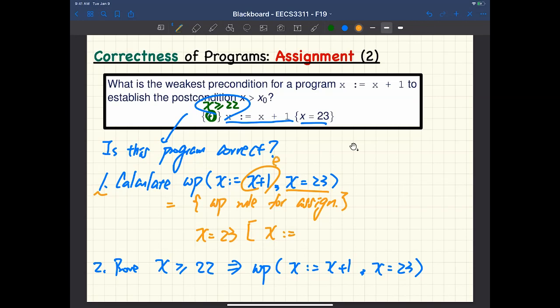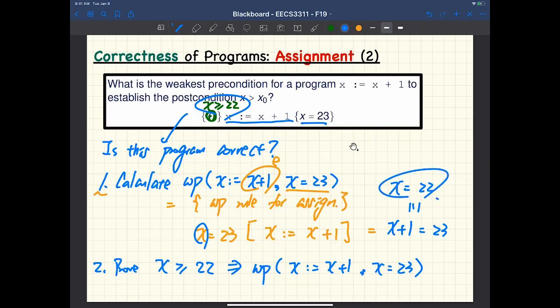That's the e. What that will do is substitute this x by x plus 1. So I got x plus 1 equals 23, which is equivalent to x equals 22. Okay, that's the answer from step number 1.